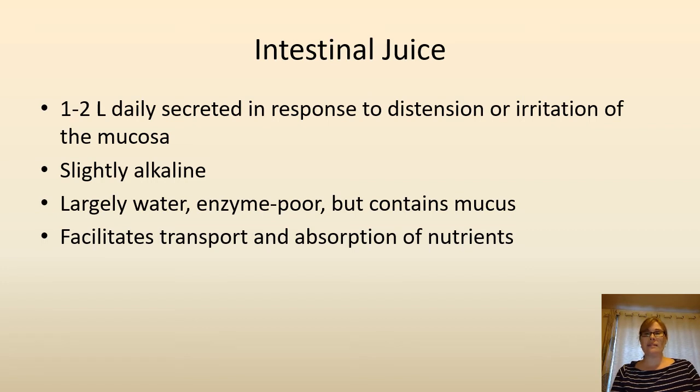So it makes sense that we have an acid coming into the intestine, and then we have some juices that are alkaline, because this is going to help neutralize the acids coming from the stomach. So the intestinal juice, its big job is to continue a little bit of digesting, but to allow for absorption to begin.